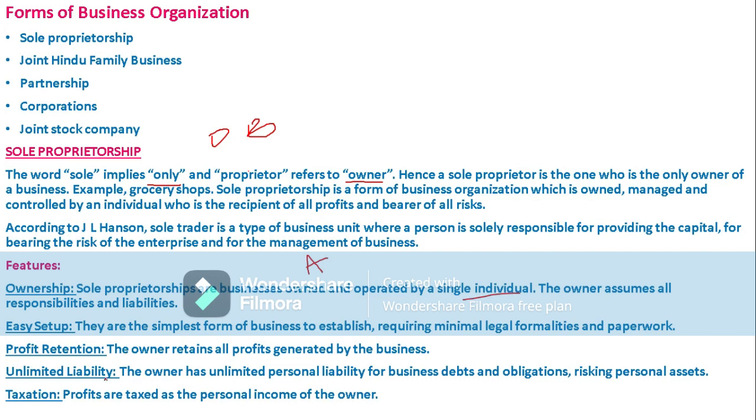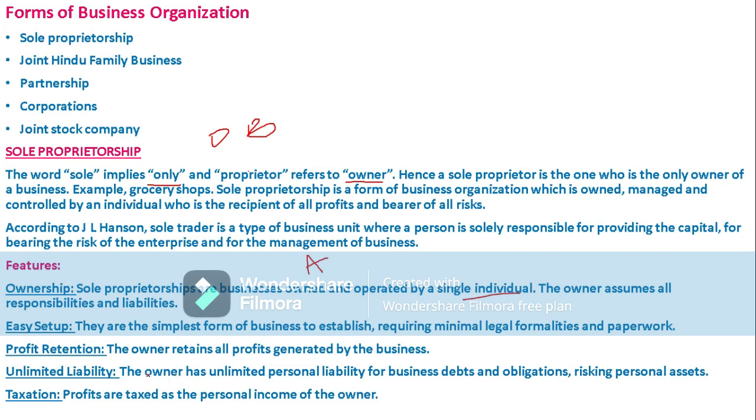Unlimited liability. Unlimited liability means the owner has unlimited personal liability for business debts and obligations, risking personal assets. If he goes into debt, he has to pay those debts with personal assets, by selling personal assets. Therefore it is unlimited liability, because there is no other person to share the liability.